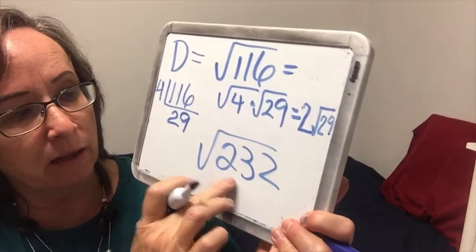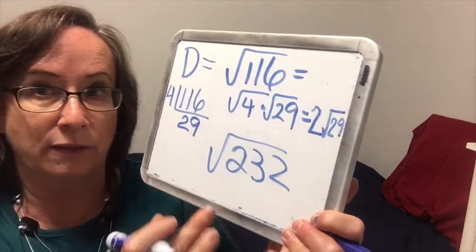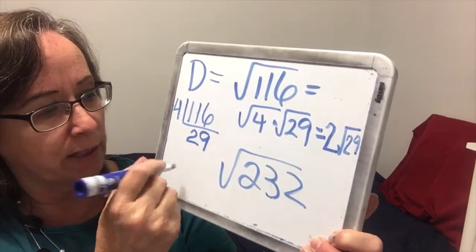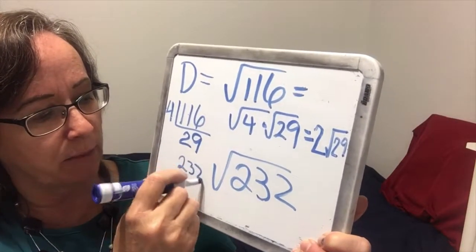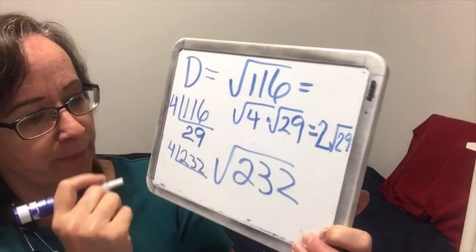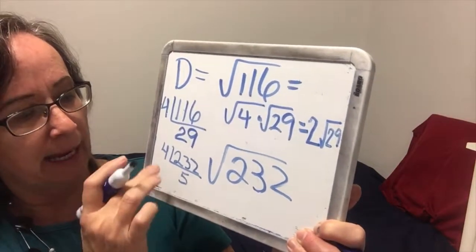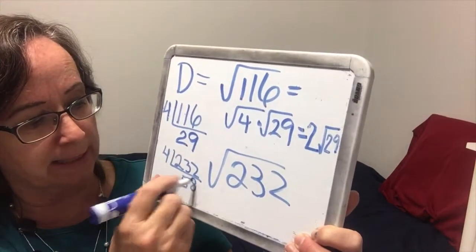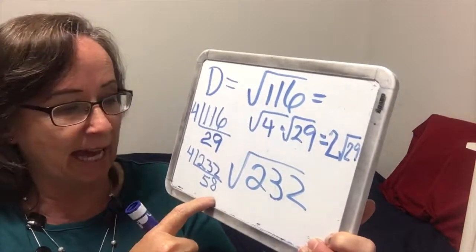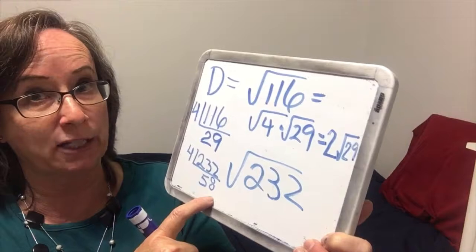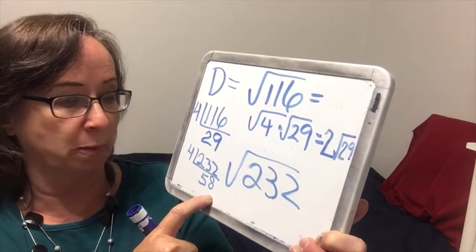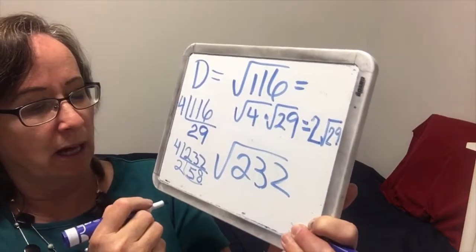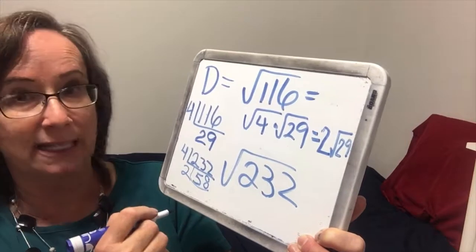Now, I know that this one is also divisible by 4 because I can see the 32 is divisible by 4. So I'm going to take 232 and divide it by 4. That goes 5 times, leaving 20 and 32 left over, and 4 into 32 is 8. So that gives 58. Now, 58 is divisible by 2, but it is not divisible by 4 again. In fact, if I divided it by 2, I would get 29 again.